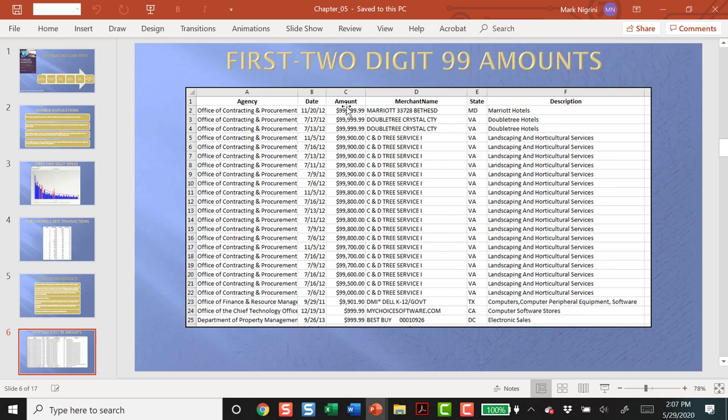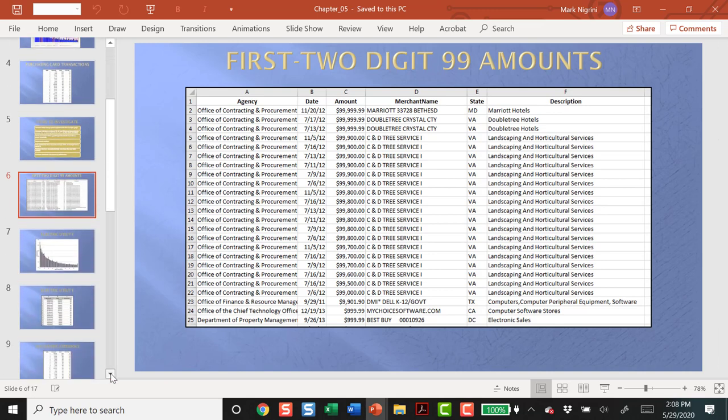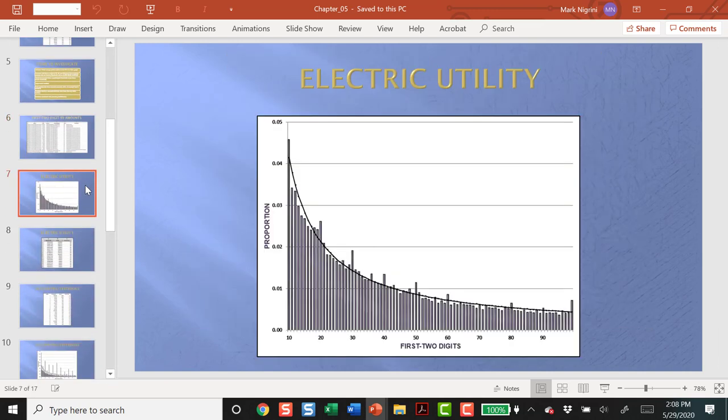So these numbers just below the threshold of $100,000 were used for purchasing cards, and we can see hotel, we can see a tree service here, and indeed if you read the chapter you will see that these were associated with certain emergency expenditures. This was a real fraud case.